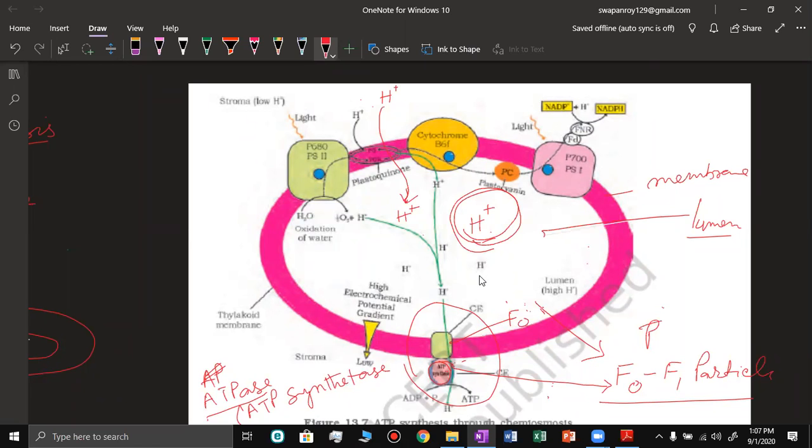So all the protons that are produced within the lumen move across the thylakoid membrane from the lumen to the stroma, through the F0, F1 particle. And during this process, the energy which is released is utilized for the synthesis of ATP from ADP and inorganic phosphate.